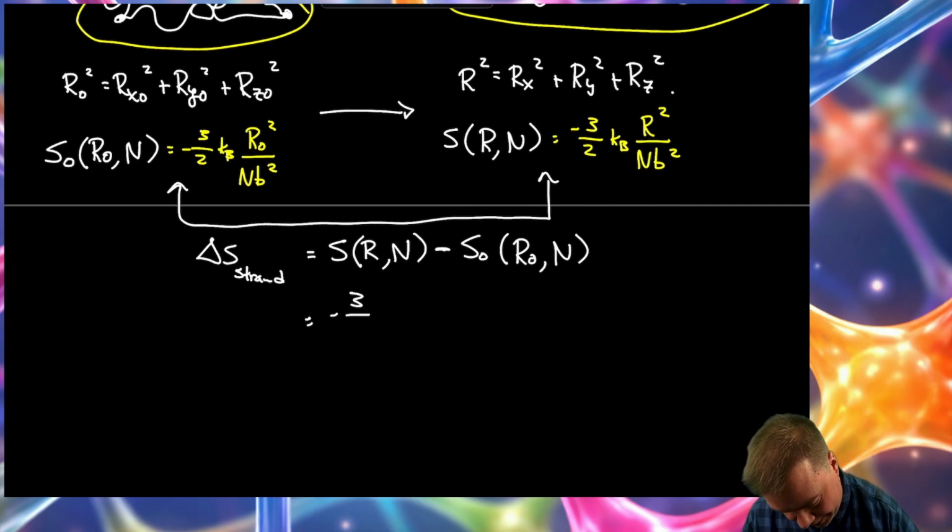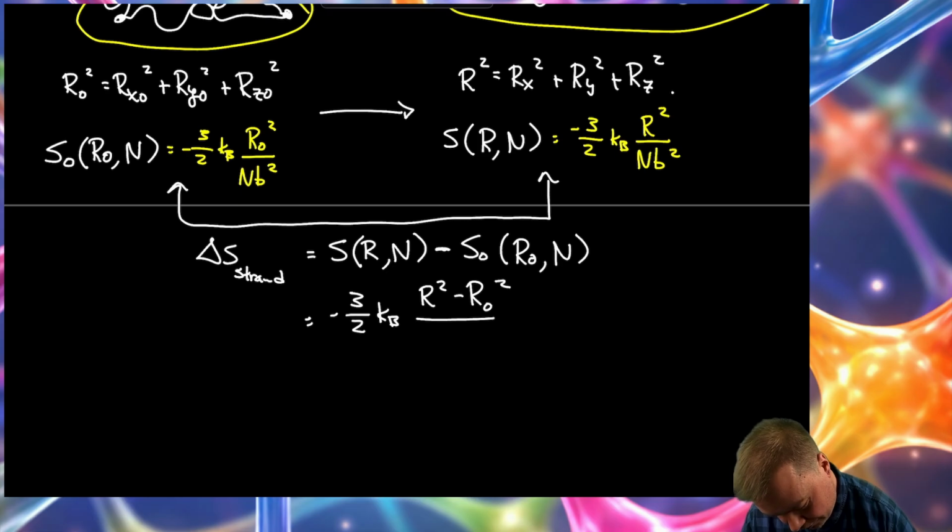This is going to be minus 3/2 kb times R squared minus R0 squared divided by NB squared.